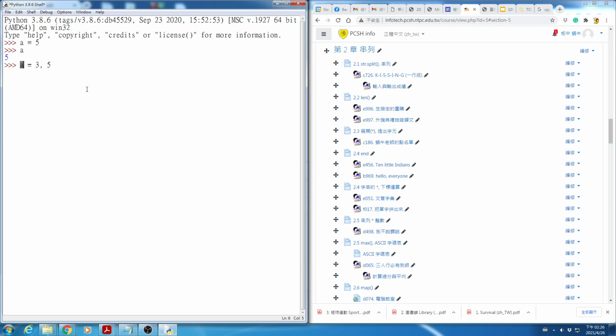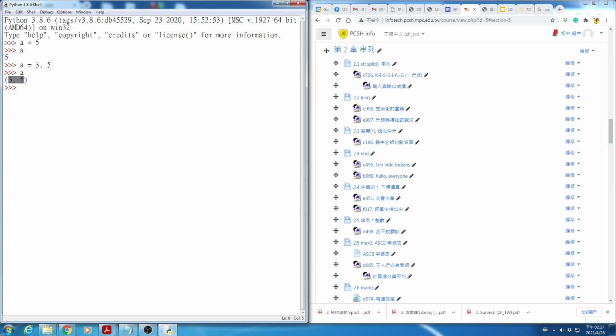Basically, no. Theoretically, no. But in fact, this is okay with Python. When I hit enter, it doesn't complain. And when you check the value of a, you will see that the 3 and 5 are in a package.